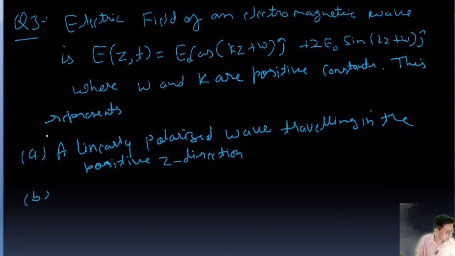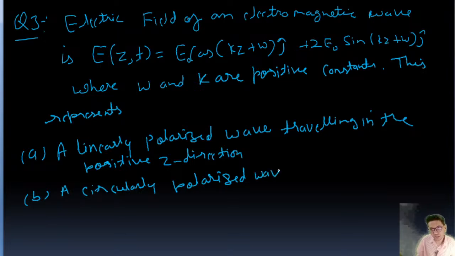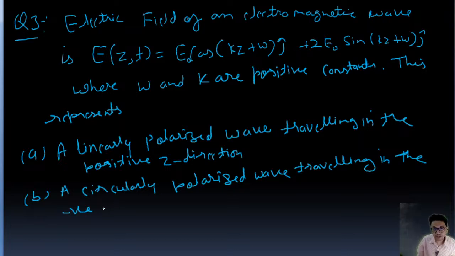Option B, a circularly polarized wave traveling in the negative z direction.